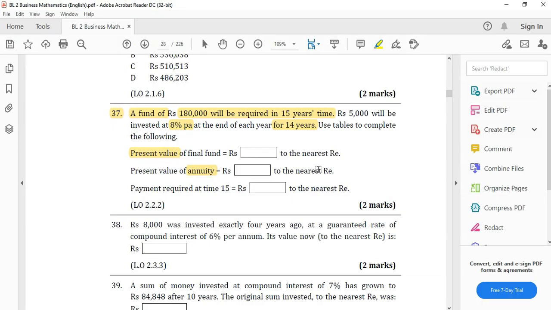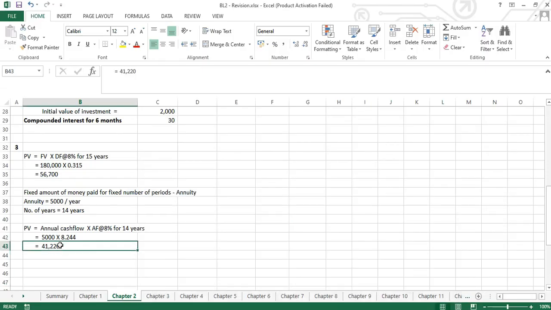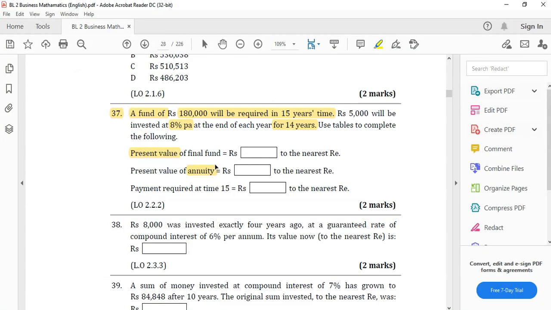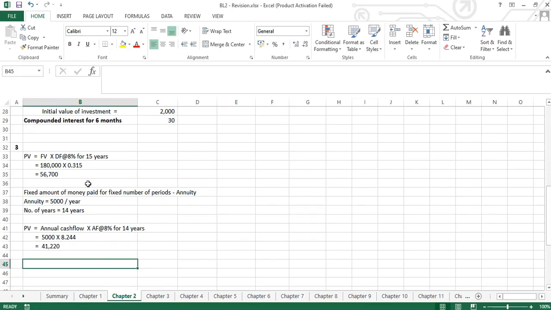They've asked for it to the nearest rupee. The nearest rupee is already rounded. It's at 0. So we put the same answer into the cage. Then finally they asked for the payment required at time 15. Now this is not the present value but the future value of the payments we make. Basically it is the gap between the final fund available to withdraw and the annual payments that we make.